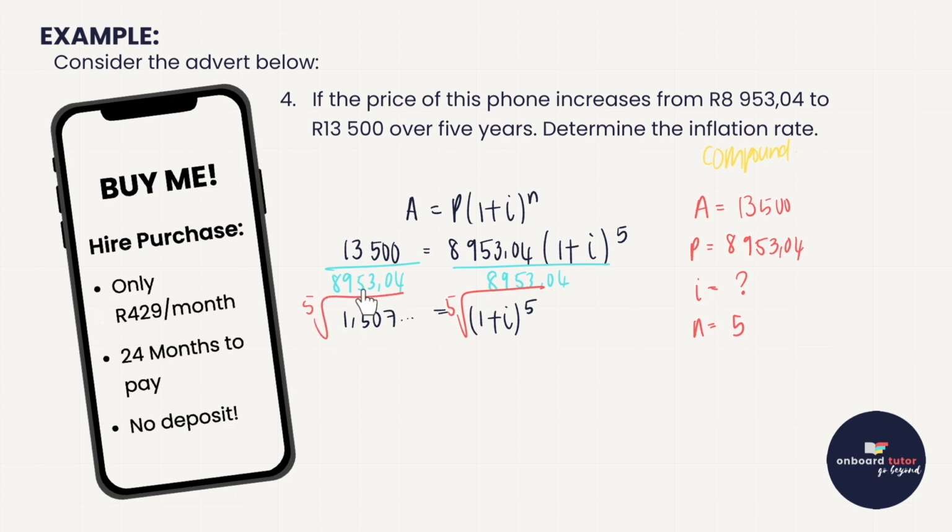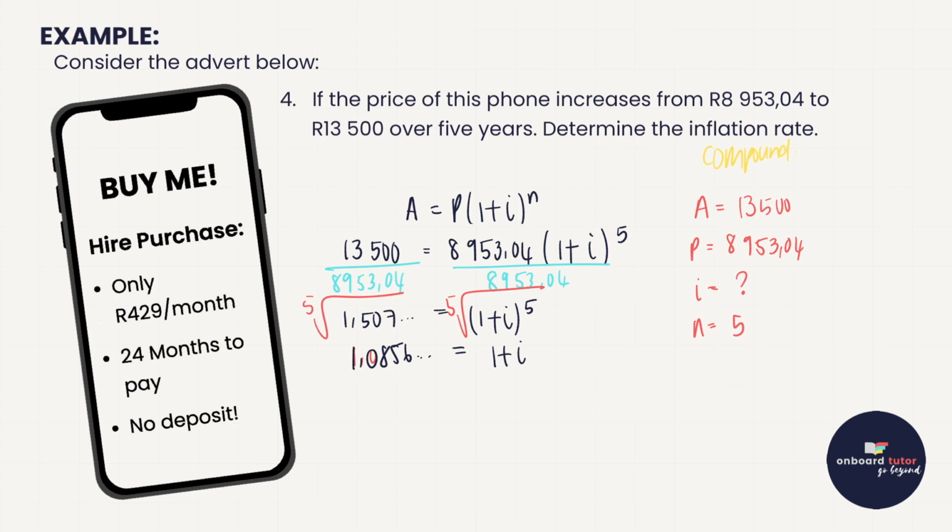So without having cleared this on my calculator, I'm just going to take the 5th root. Remember, you can use the answer button on your calculator. So you can type in this 5th root and then press answer, the button next to the equals button. And that'll take you to where you need to be. So 1,0856 is equal to 1 plus i.